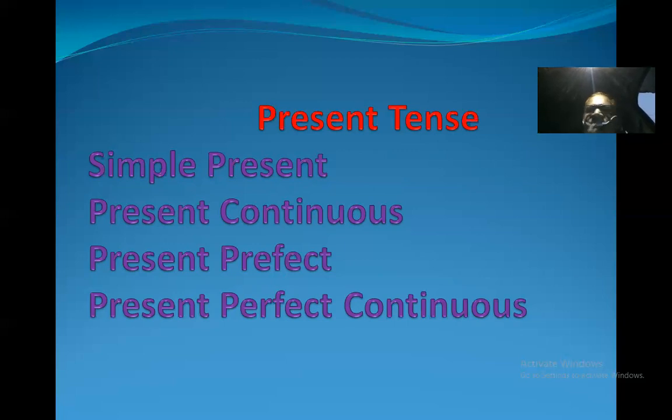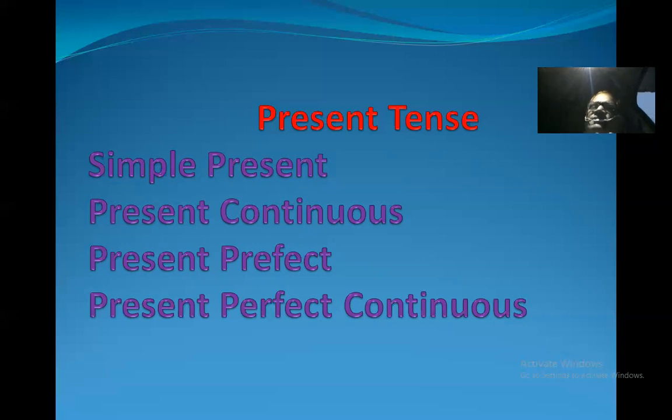Present perfect is the tense which we use to denote an action which is completed at the time of speaking. At this moment, at this time of speaking, that should be completed. For such actions, we use present perfect tense.